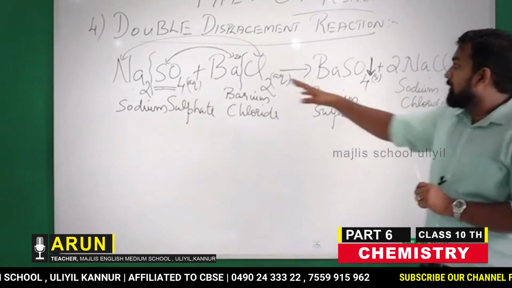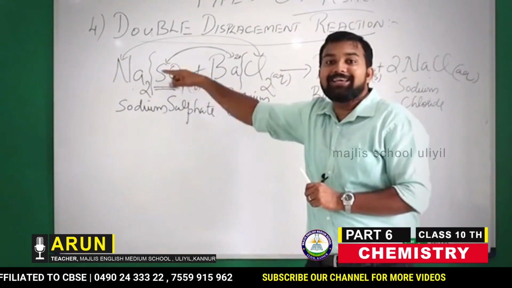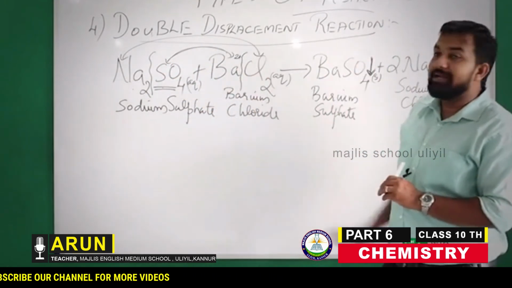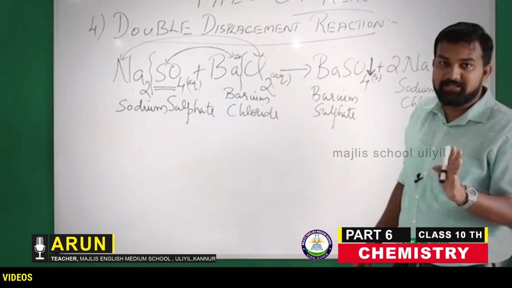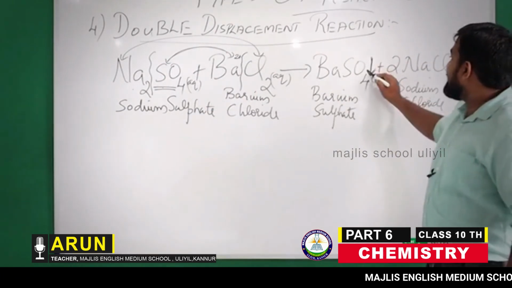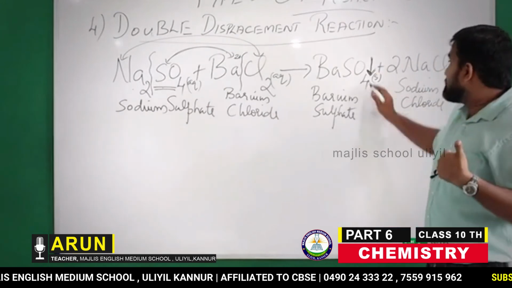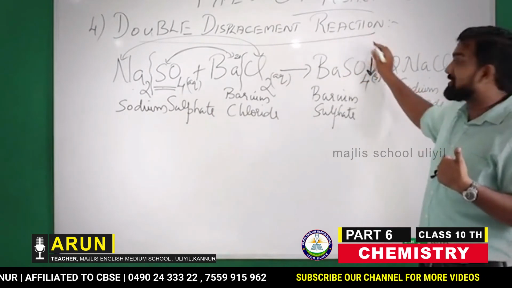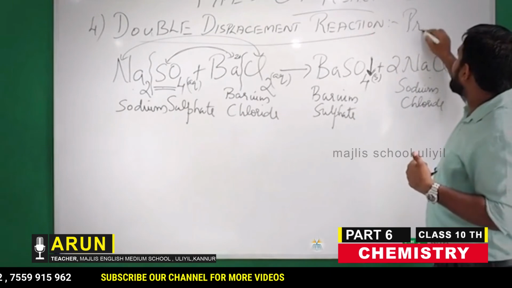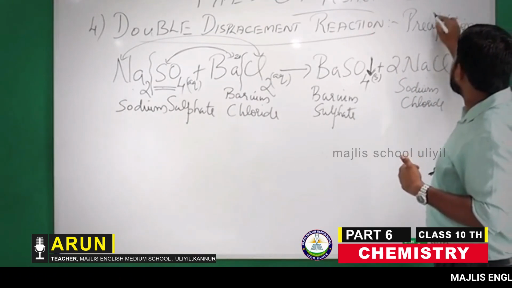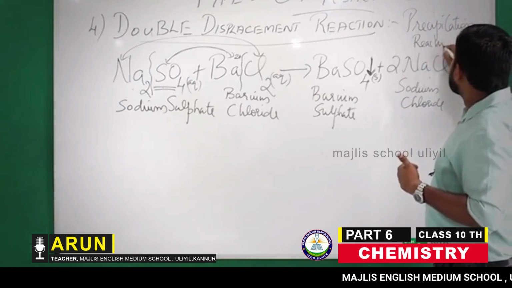So mutual exchange of ions took place in double displacement reaction. And since I told you in the beginning, precipitation reaction is another name here: double displacement reaction can also be called a precipitation reaction, because a precipitate is formed.